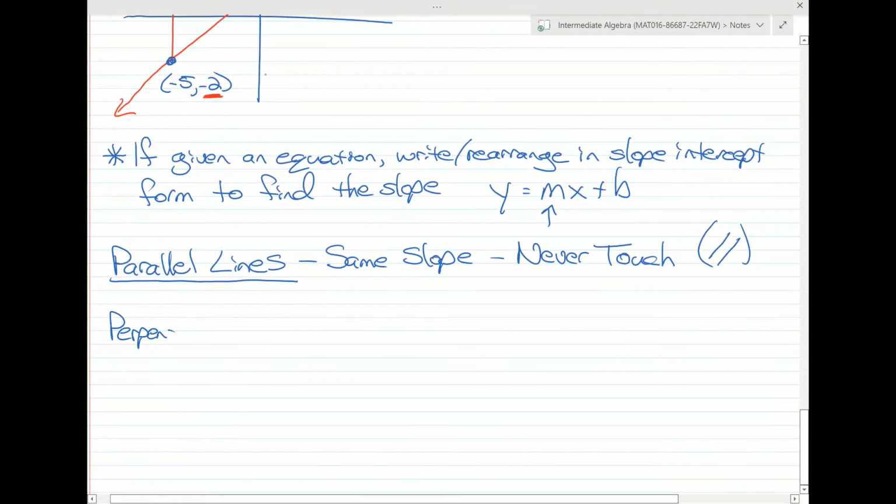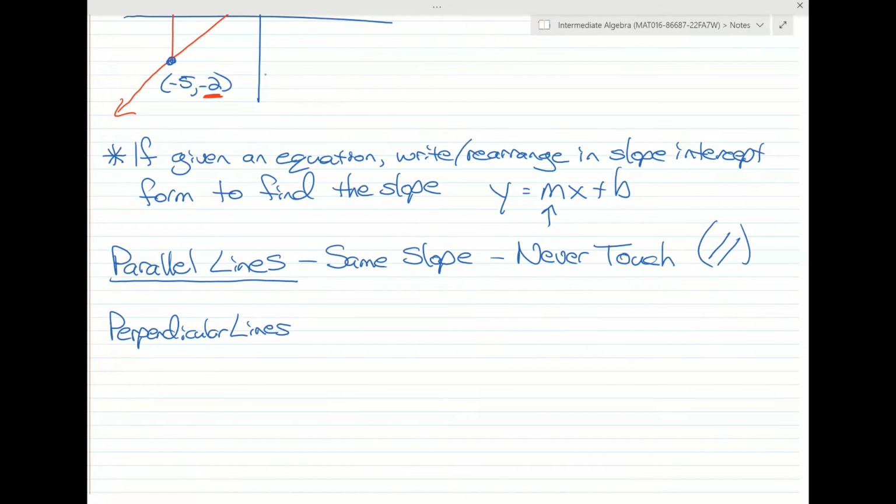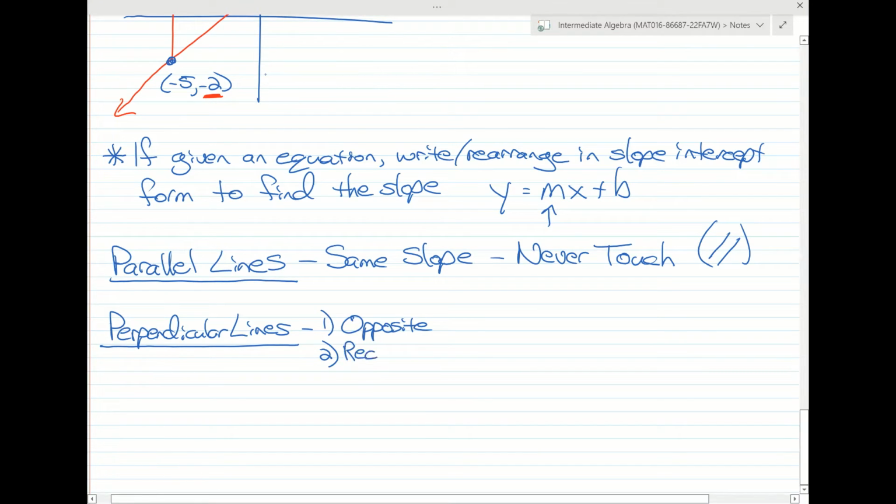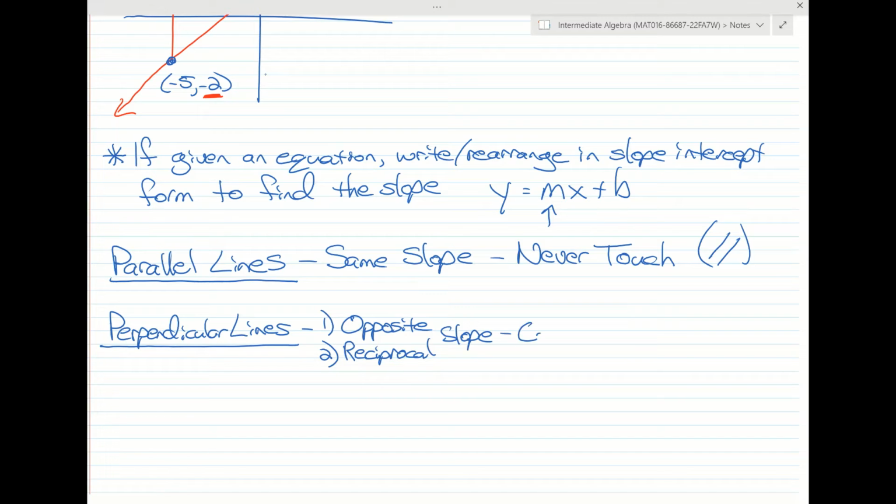Perpendicular lines. Think about this: perpendicular has two p's, so there are two things that happen here. They have the opposite and the reciprocal slope, and they cross at 90 degrees.